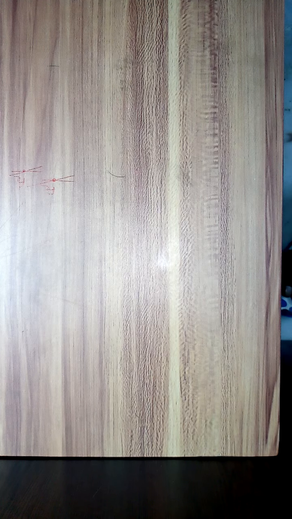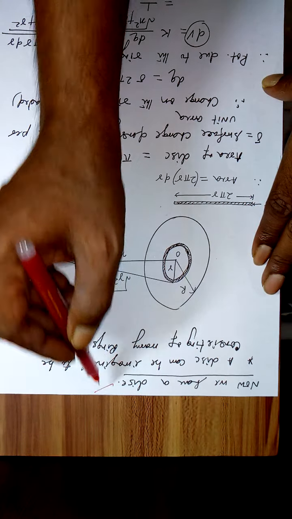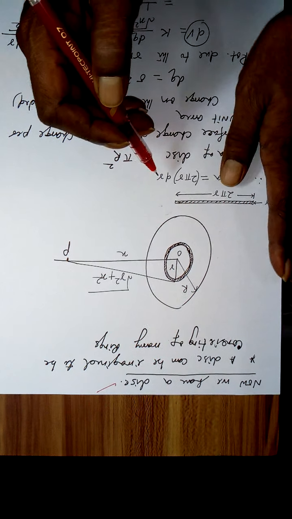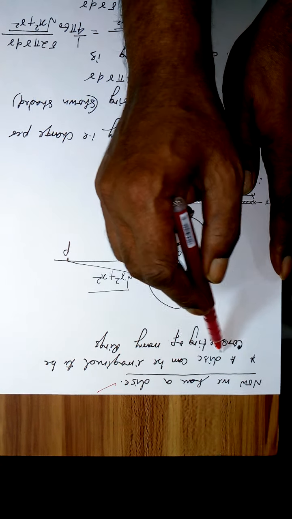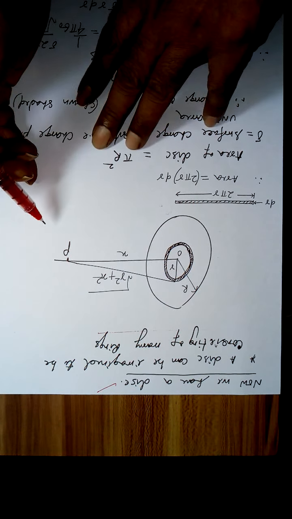Now let us go to the disk. Electric potential due to a disk. Now look, this is a disk. You can imagine a disk to be consisting of many rings. How?